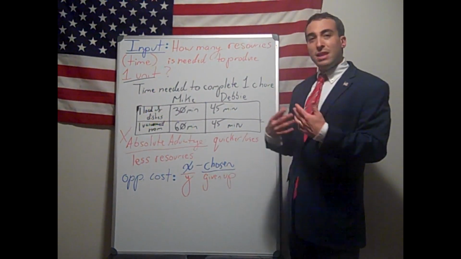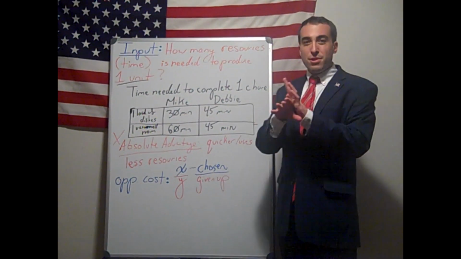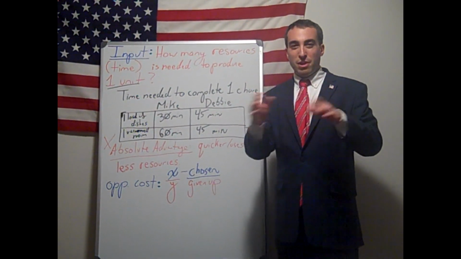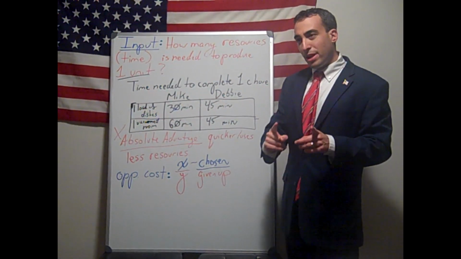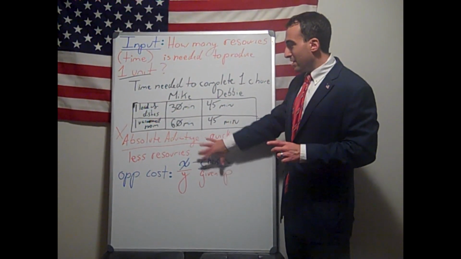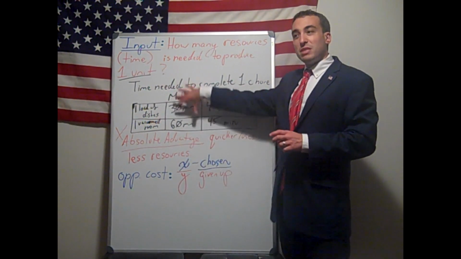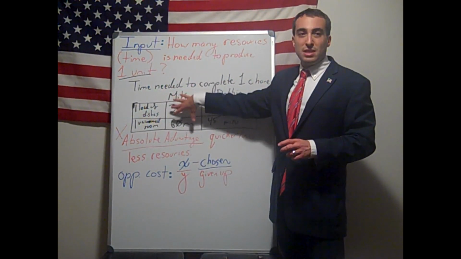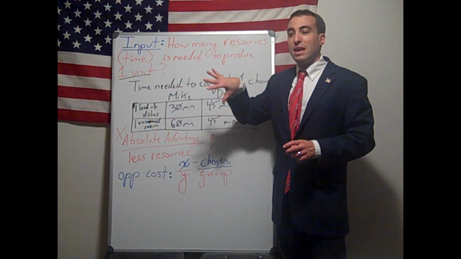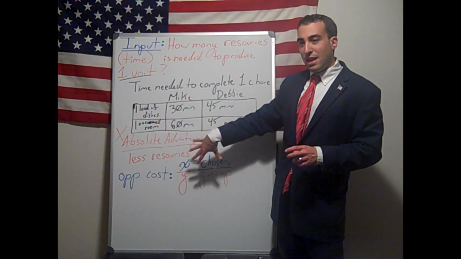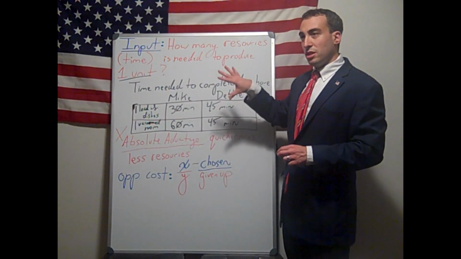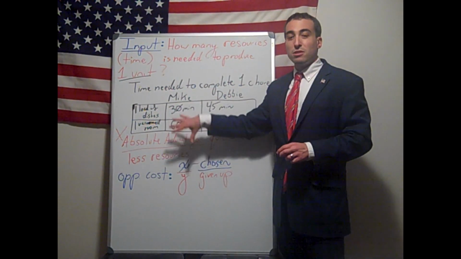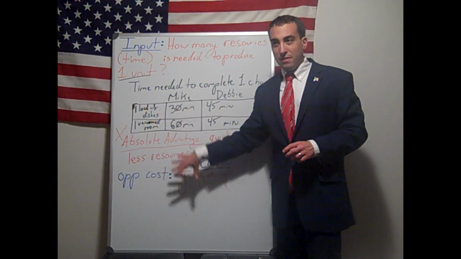So what we are going to do now, to put all of your numbers in one space so we don't have math all over the place, our next step is to create a chart that is the same as this chart but slightly different, that we're going to put all of our opportunity cost calculations in, and then we will be able to take a look at who should specialize based on comparing their comparative advantages.